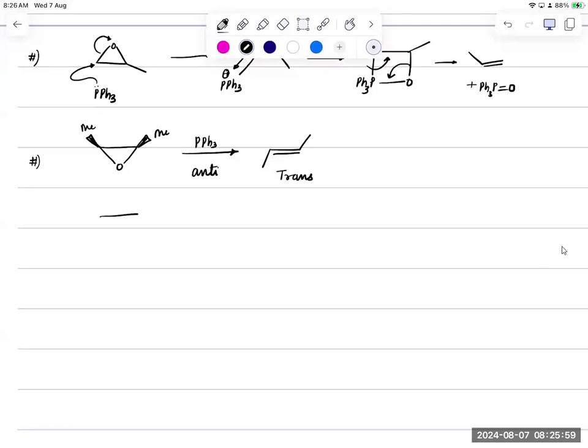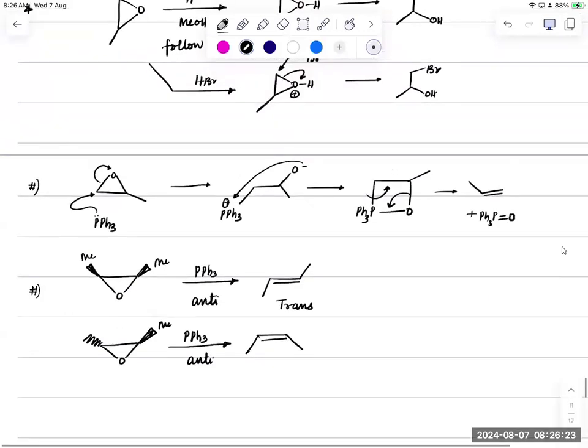And if you have one methyl and the other methyl going inside like this, and then PPh3, which is also an anti-elimination, then you will get cis. So this is the form you will observe. Everybody got that?